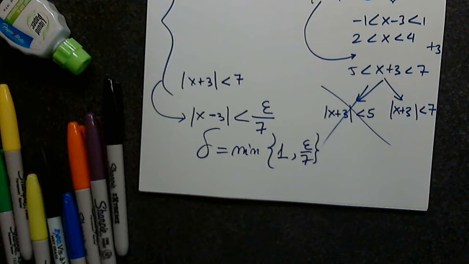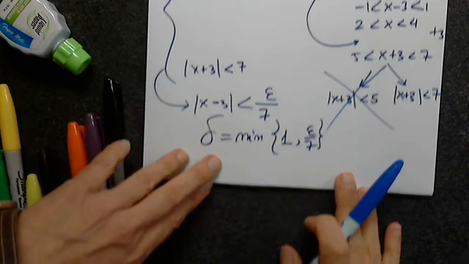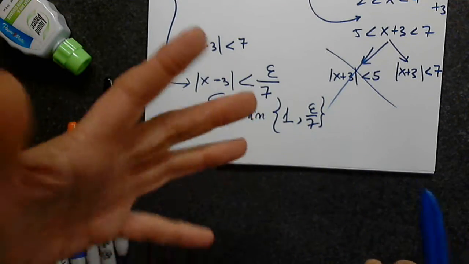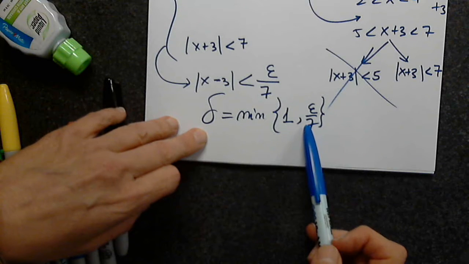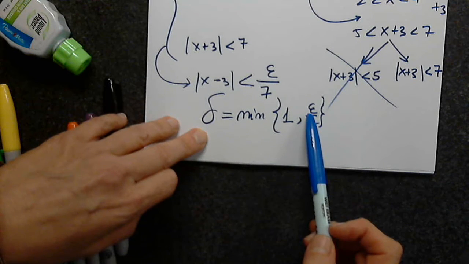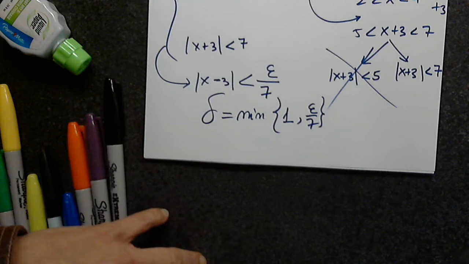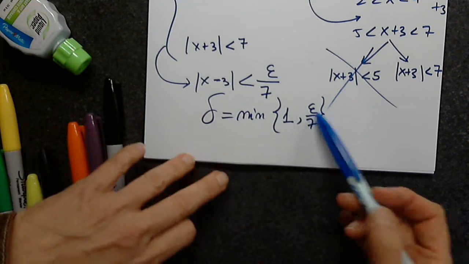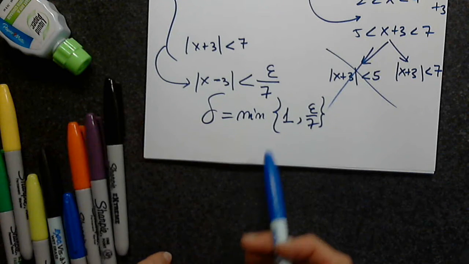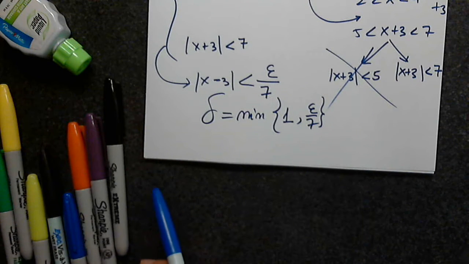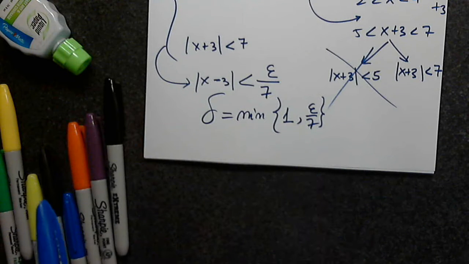Then I go back and I say, okay, if it cannot be more than 7, then I divide both sides by 7. And obviously, it's not going to happen that 1 will be smaller than epsilon over 7, unless you say epsilon is 10. You're not going to use epsilon being 10 to show the proof, right? You will use epsilon 0.1. And then, of course, this one will be smaller of the two. So in this case, delta will be 0.1 over 7.